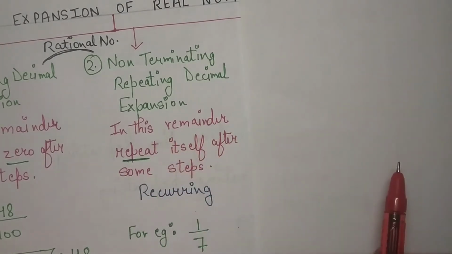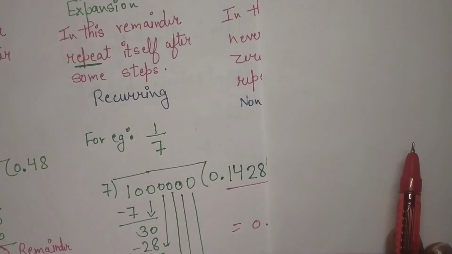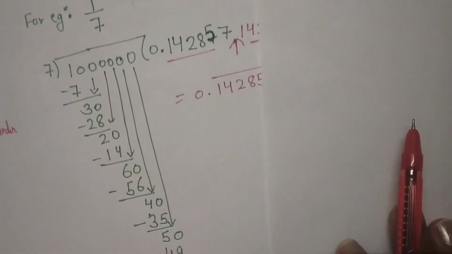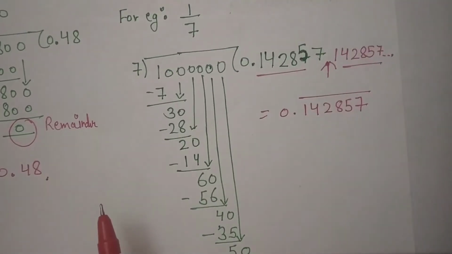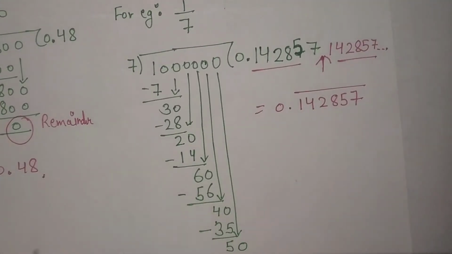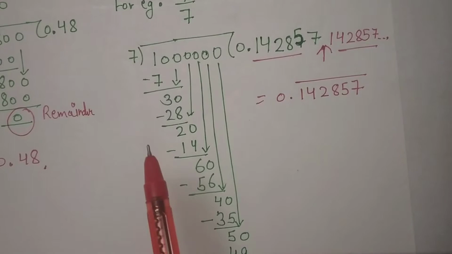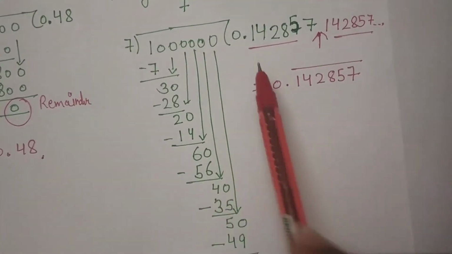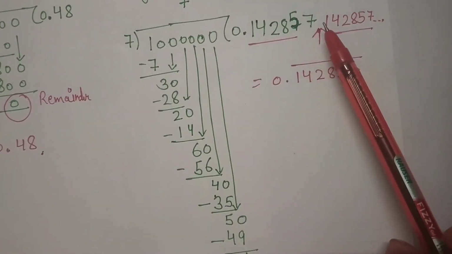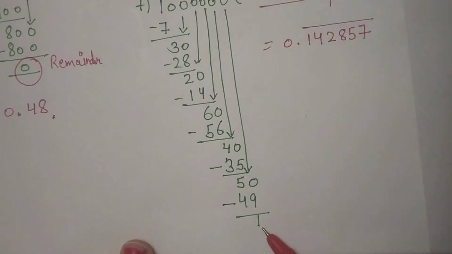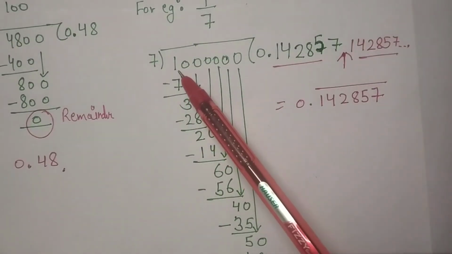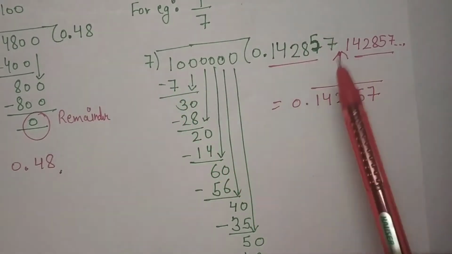For example, I have taken the fraction 1 by 7, and after dividing 1 by 7 in the simpler way, by the division method, I got 0.142857, and at this point I got 1 from where I started. So it repeats.